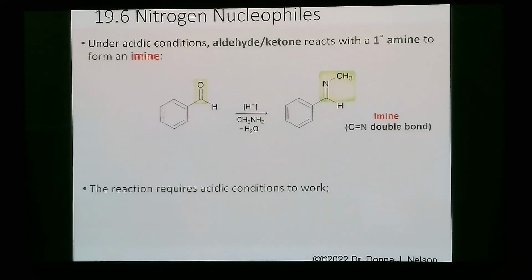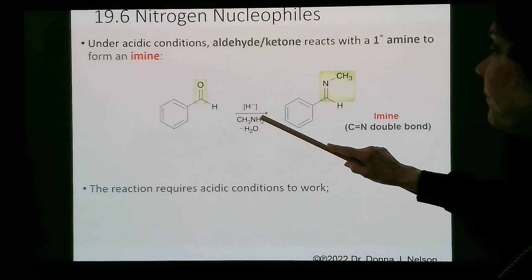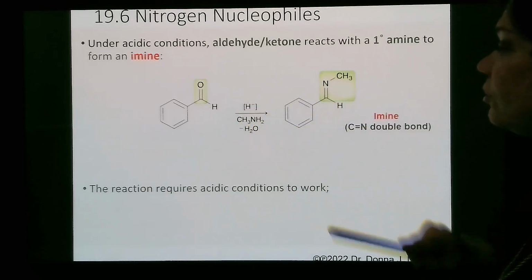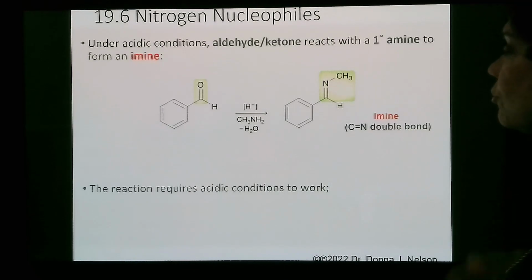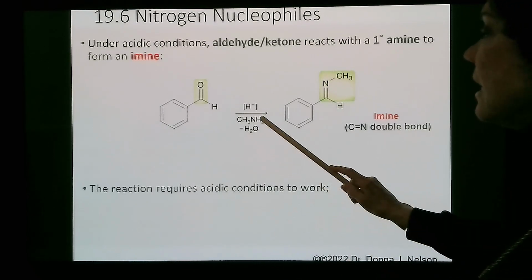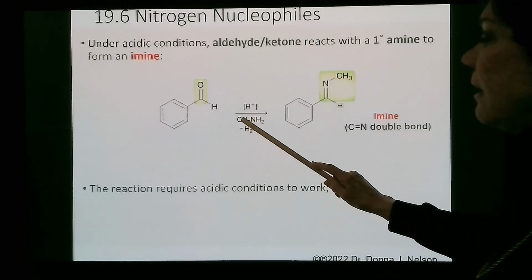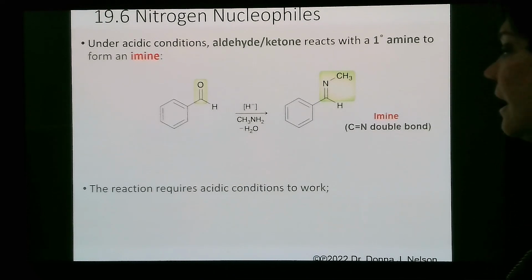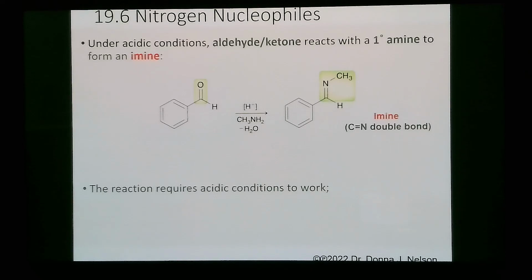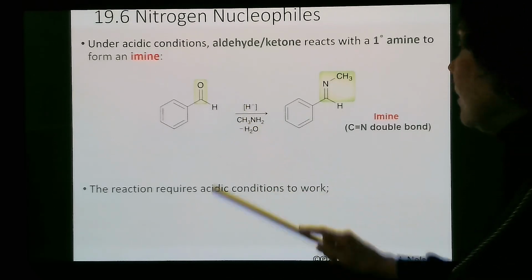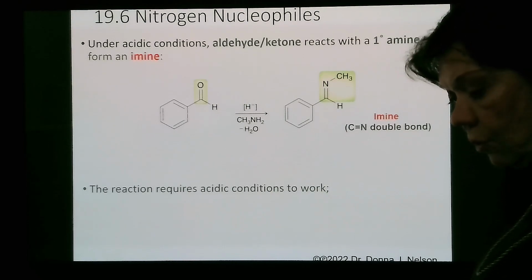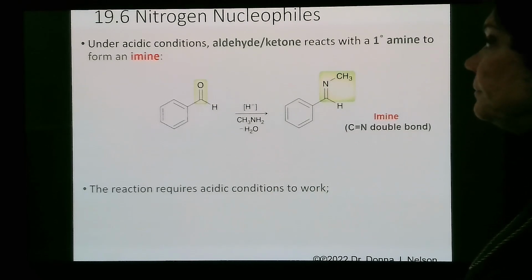So you can see that the carbon-oxygen double bond has been replaced by a carbon-nitrogen double bond, and nitrogen is still bearing the alkyl group that it was in the reactant. And this reaction requires acidic conditions in order to work.